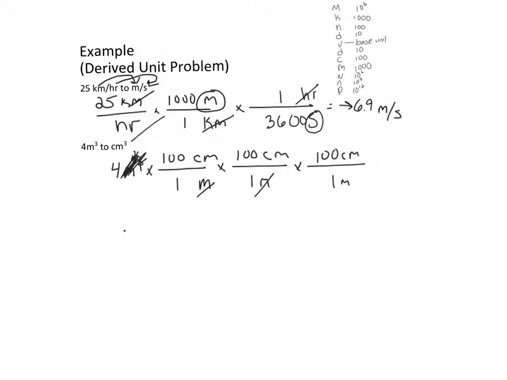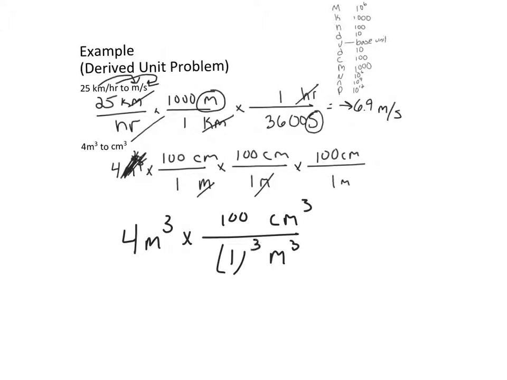Okay, so I would start with 4 meters cubed, and I can drop meters cubed, and I can go to centimeters cubed, and I know there's 100 centimeters in a meter, but if my units are cubed, I also have to cube these numbers.